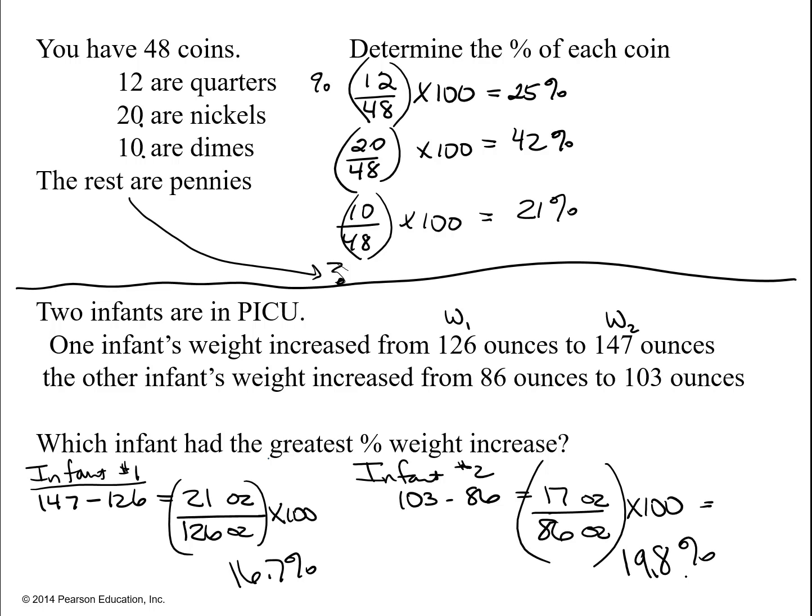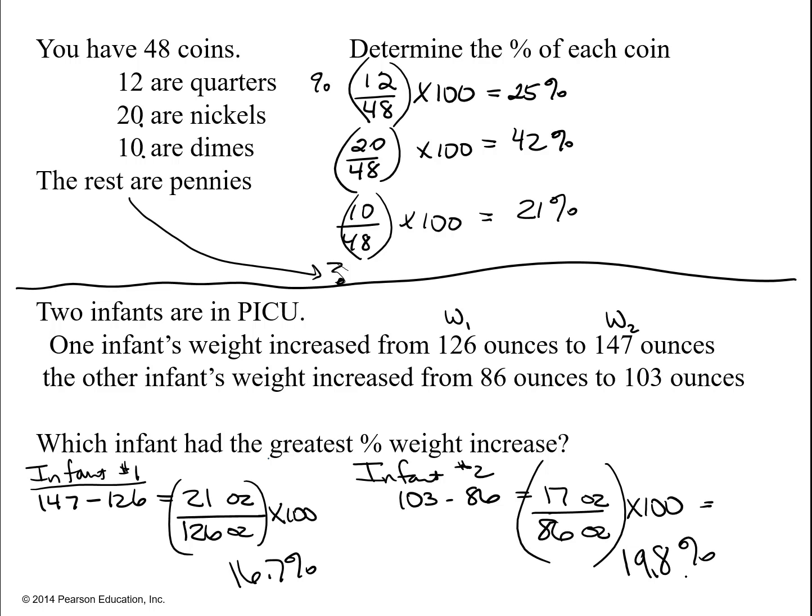So even though baby 2 gained less weight, compared to their original size they actually had a bigger weight change. That's why it's hard to just compare them by subtracting their weights. If I just subtract their weights, I would say baby 1 gained more weight. But compared to how big baby 1 was, baby 1 only gained about 16.7%.